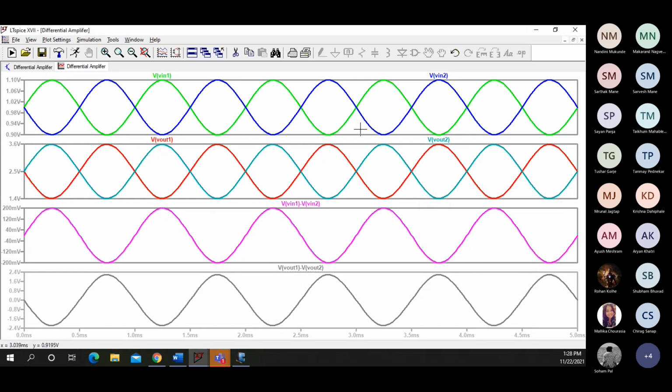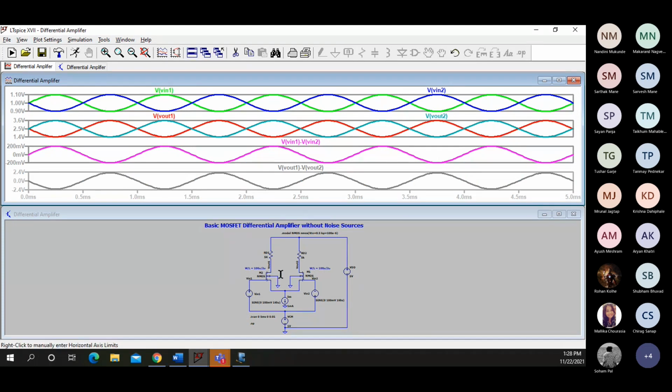Now you will show me the circuit as well as the waveforms. I want to see both circuit and waveform.